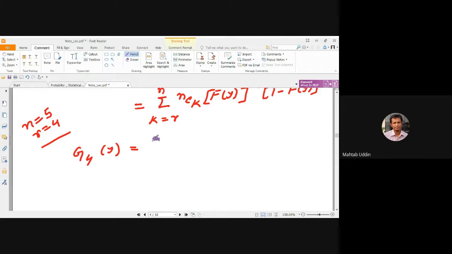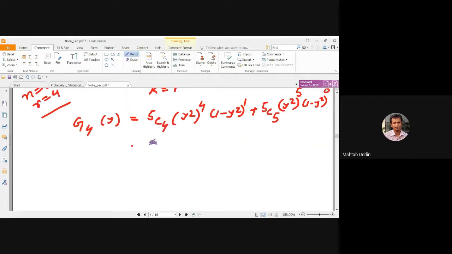That is 5C4 times y square, F(y) is y square, to the power 4, times 1 minus y square whole to the power 1, plus 5C5 times y square whole to the power 5 times 1 minus y square whole to the power 0. 5C4 is 5, giving 5 y to the power 8 times (1 minus y square). 5C5 is 1, giving y to the power 10.